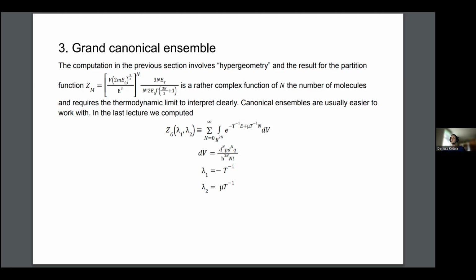In this equation, dV equals d to the n p times d to the n q divided by the reduced Planck's constant to the 3n times the factorial of n. We can write that lambda 1 equals minus temperature T to the minus 1 and lambda 2 equals the chemical potential mu times temperature T to the minus 1.